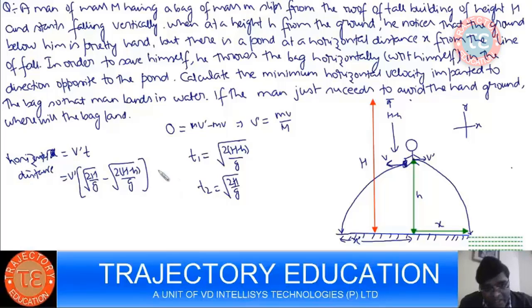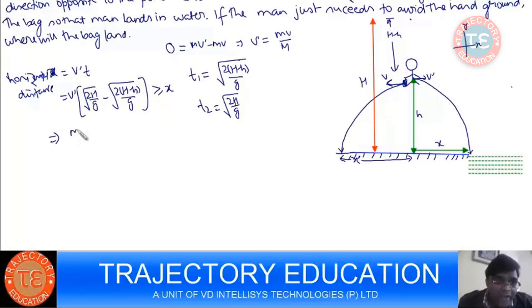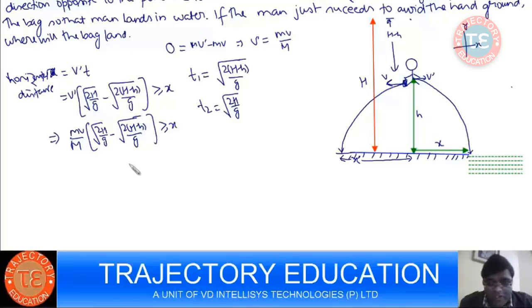The horizontal distance traveled by the man must be equal to or greater than x. That means v dash, which is mv by M, times the time taken, must be greater than or equal to x.